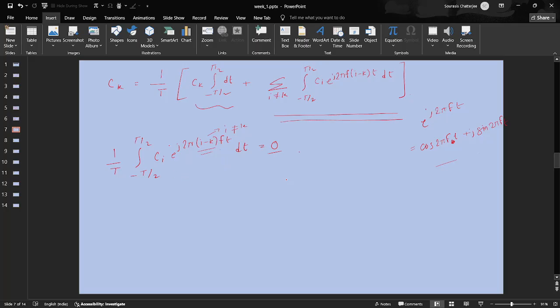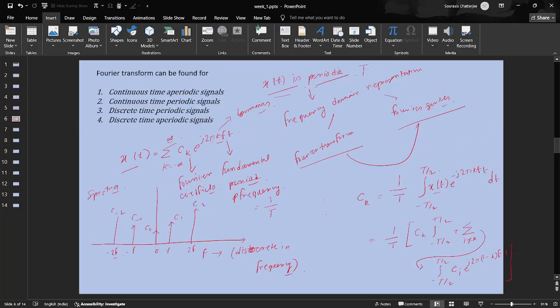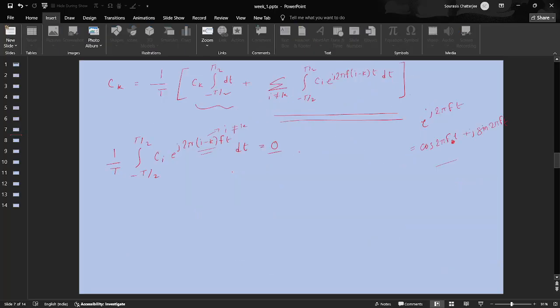So this integral is supposed to go to 0 for this expression of c_k to hold true. So is something visible to you from this expression, that why it should go to 0, instead of getting into this bit of extensive math? If I would like to infer something from this expression, can I do that?